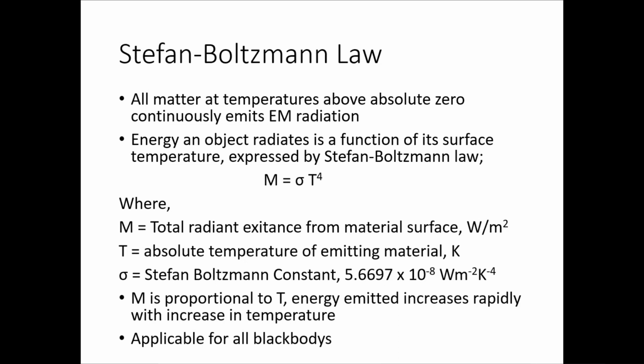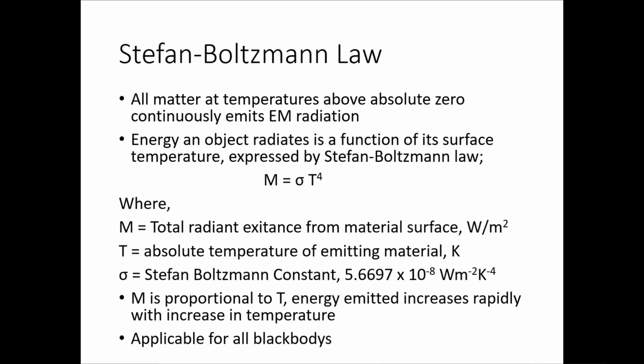It's directly proportional, where M is the total radiant excitance from the material surface, or the energy exiting from the material surface, in W per meter square. So it is equal to sigma into T power 4, where sigma is the Stefan-Boltzmann's constant and T is the absolute temperature of the emitting material.